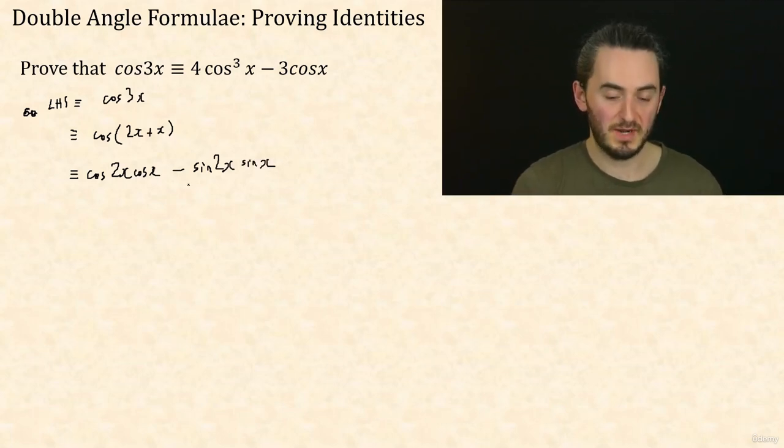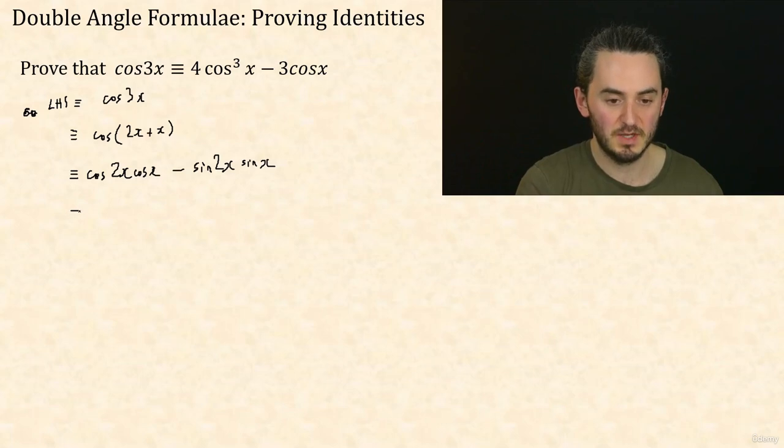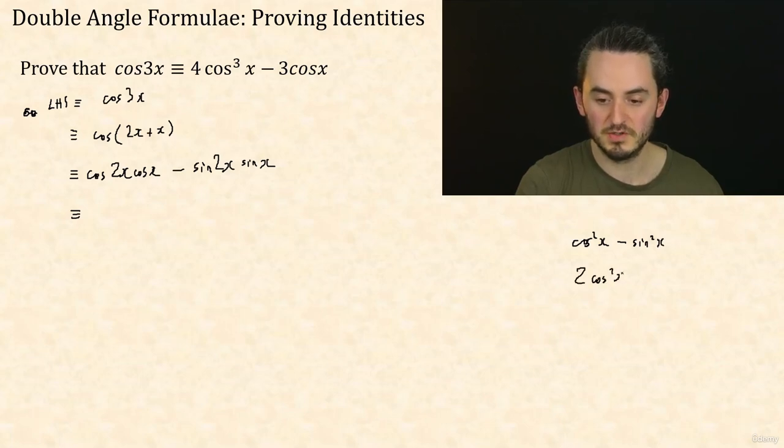And now I've got some double angles. Right, on the right hand side, I've got no double angles, no higher multiple of angles. So I'm going to keep stripping everything back down to single angles. So take this cos 2x and I'm going to break that down. Now I've got three options with cos 2x. It's either cos squared x minus sine squared x, or it's 2 cos squared x minus 1, or it's 1 minus 2 sine squared x.